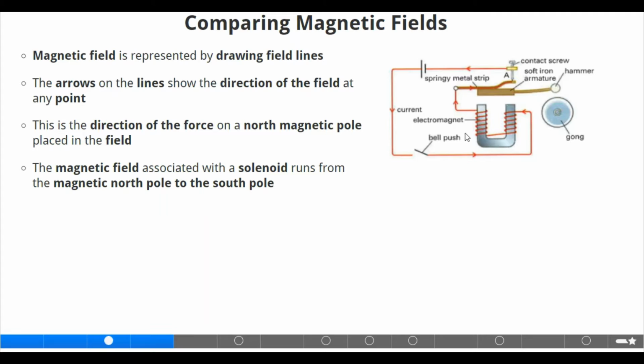And we also have the springy metal strip, the contact strip, the soft armature made from iron. We have the hammer and the gong. When the hammer strikes the gong, the noise is produced for the electric bell to act.